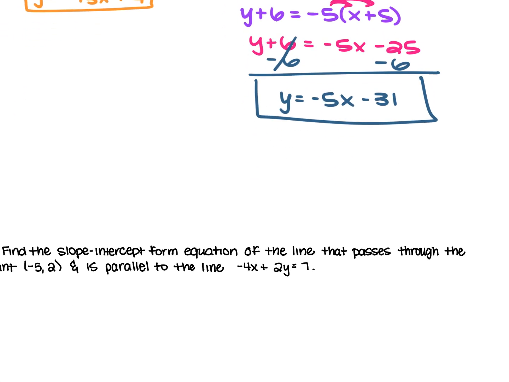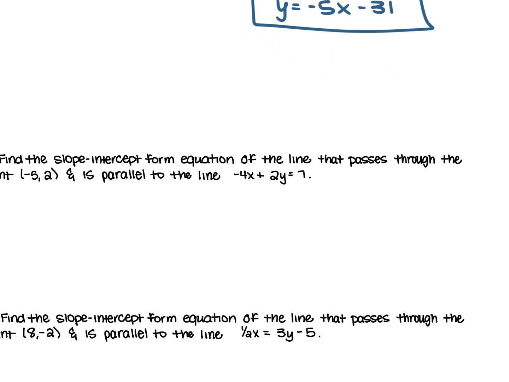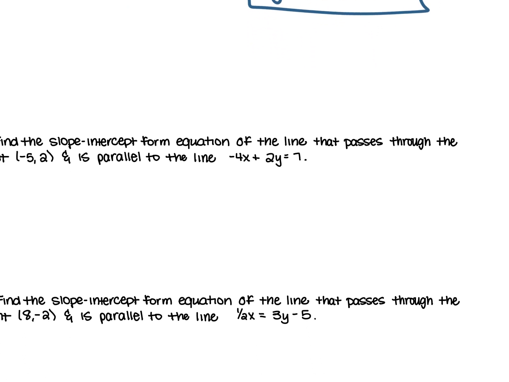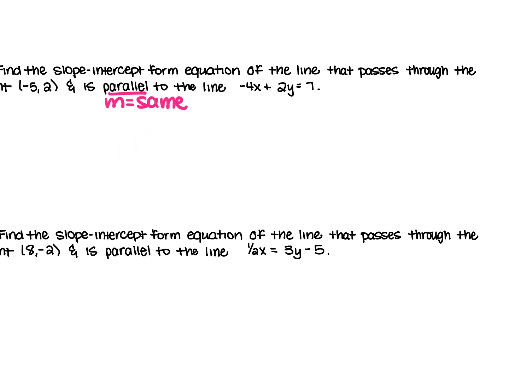For our next question, it tells us to find the slope-intercept form equation of the line that passes through the point negative 5, 2 and is parallel to the line negative 4x plus 2y is equal to 7. So we said that this is going to be parallel, so the slope is going to stay the same. So the first thing we need to do is find the slope from the negative 4x plus 2y is equal to 7.